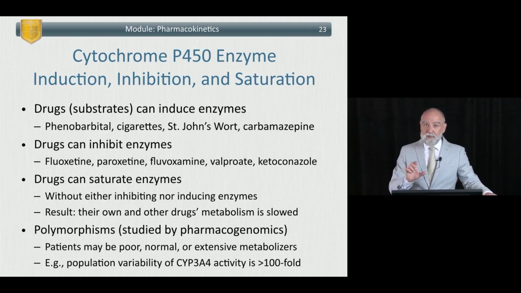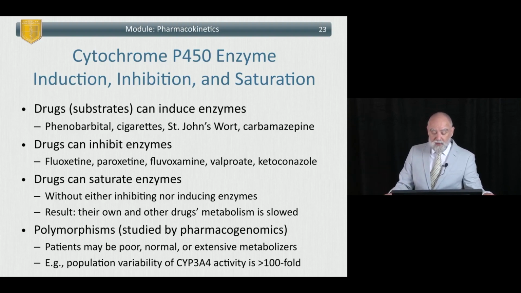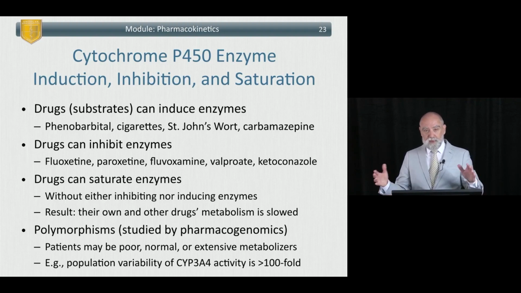Polymorphisms, again, are these different forms of the genes coding for the enzymes. This is what's studied in pharmacogenomics. And, as we all know, patients may be poor, normal, or extensive metabolizers. Other terms are used, rapid, ultra-rapid.